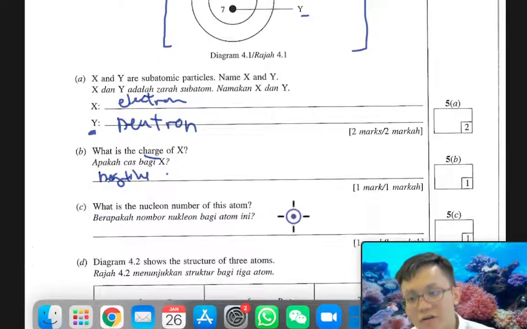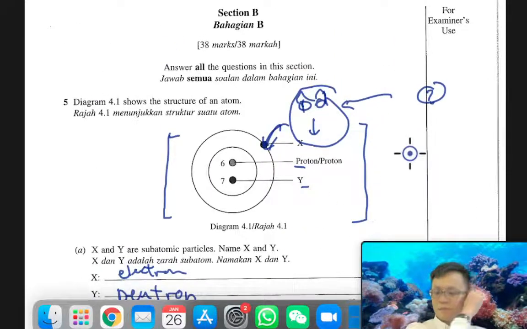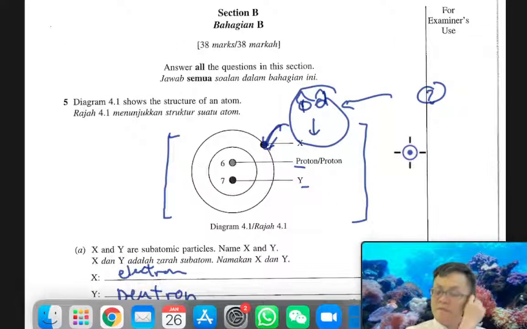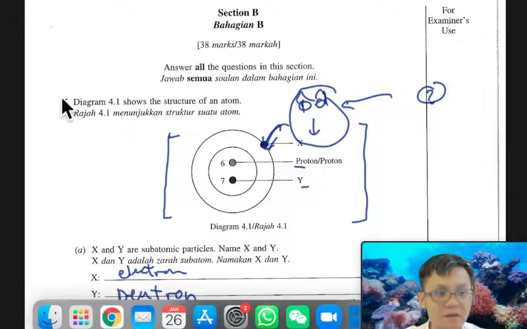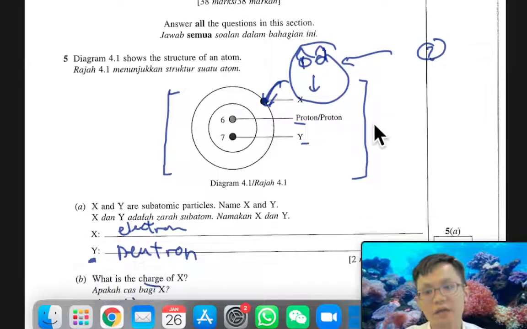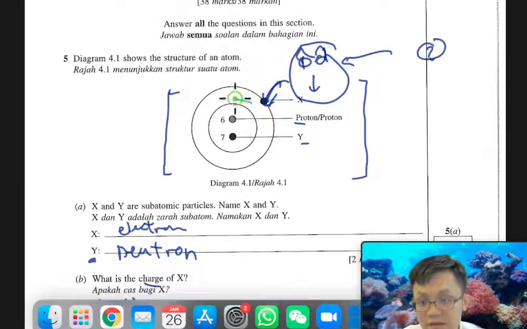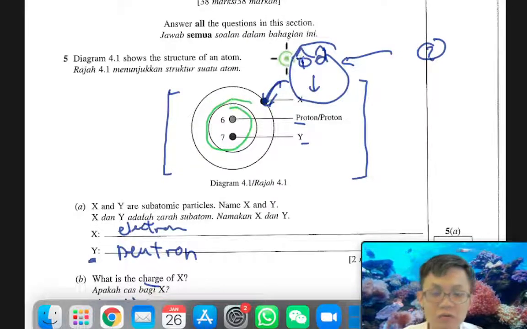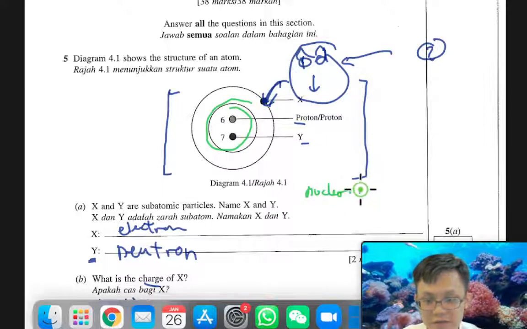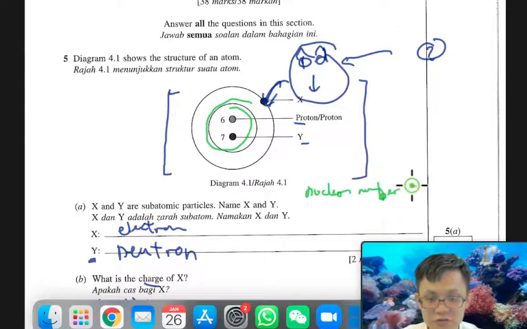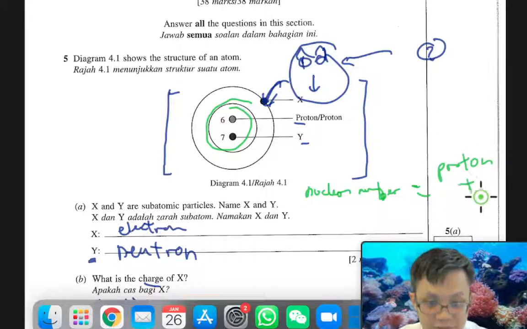What is the nucleon number in this atom? This whole thing is the nucleon number. The nucleon number equals proton plus what?